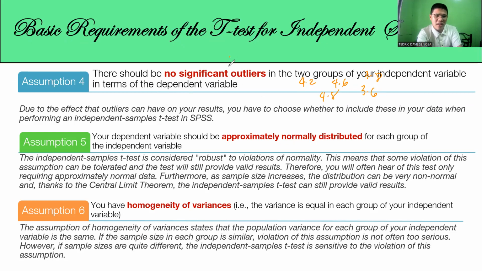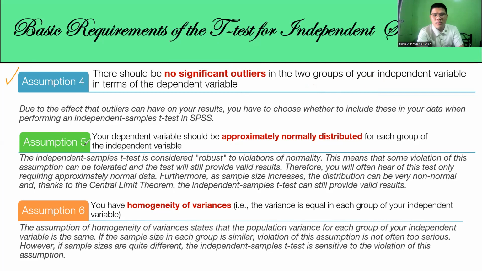But if you have answers like 1.0, too far from the values of the rest of the group, then outliers actually tend to produce biases in your data. I already checked the data. Presume that there are no outliers.